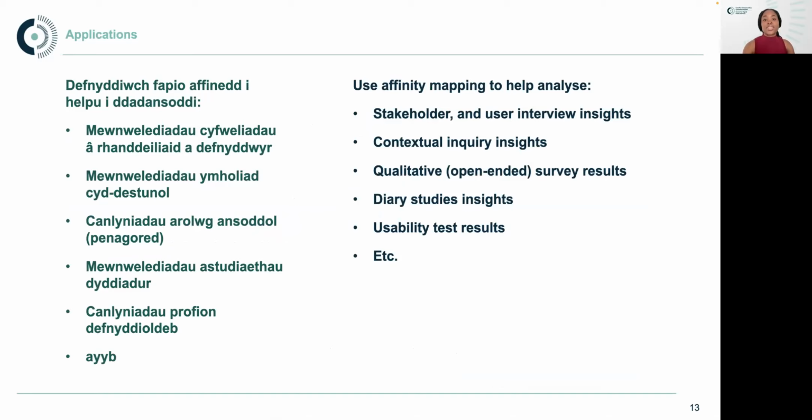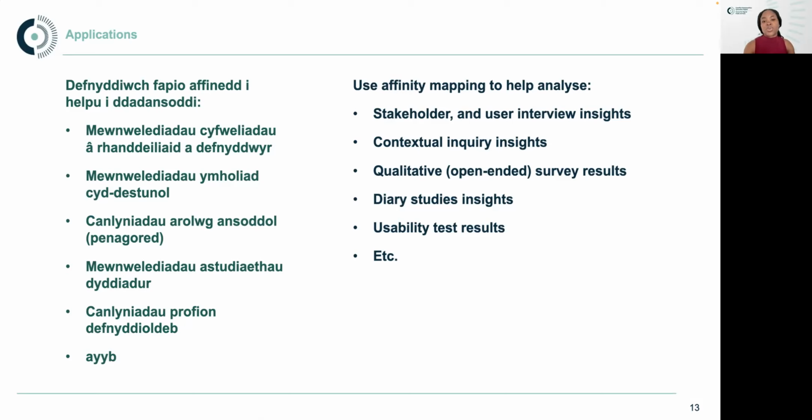So you can use affinity mapping to help analyze insights from stakeholders and user interviews. You can also use it to analyze insights from contextual inquiry. Contextual inquiry involves observing research participants in their natural context and just asking them questions to fill in the gaps of observation. You can also apply affinity mapping to analyze insight from focus groups, open-ended survey results, as well as diary studies insights.